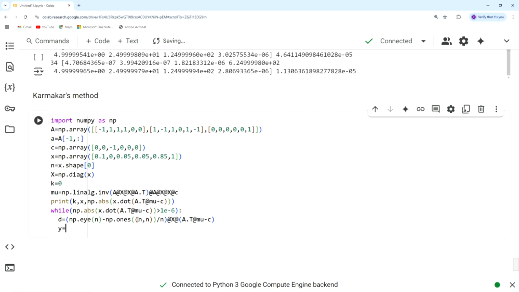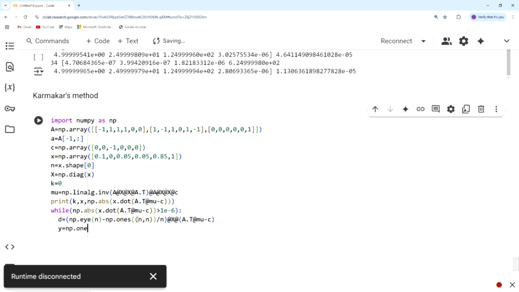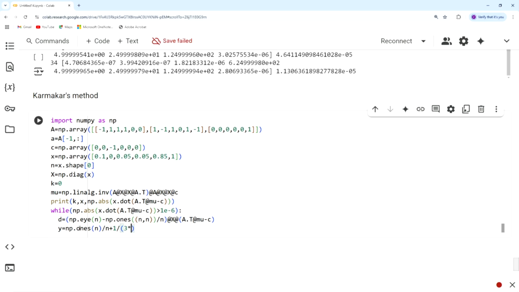Now, y is np dot ones of n by n plus the denominator, which is 1 by 3 into square root of n into n minus 1, into d by np dot linalg dot norm of d.